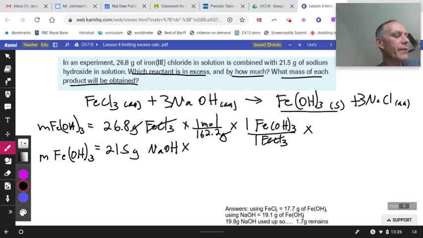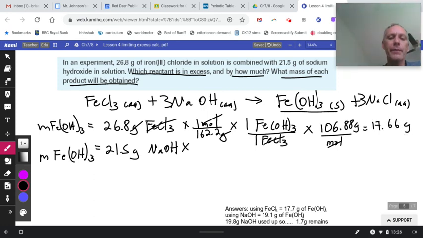And molar mass of Fe(OH)3 is 106.88 grams per mole. Moles cancel, and our final mass is 17.659 grams. 17.66 grams. Okay, using our second one, molar mass of NaOH is 40 grams per mole.